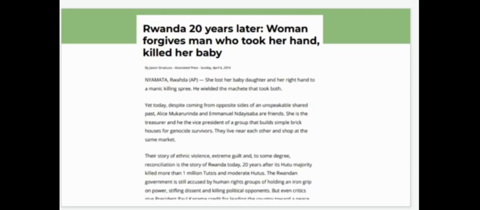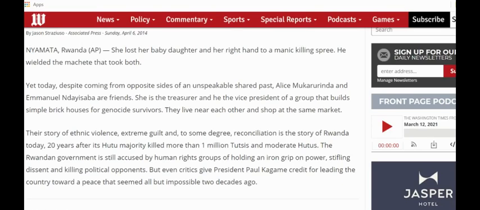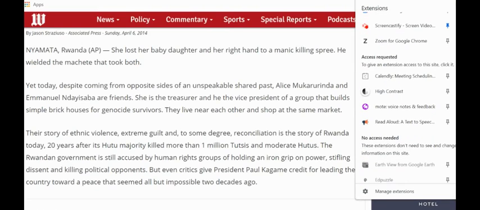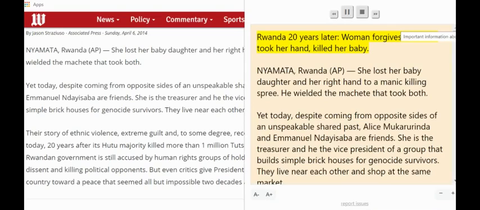Now, again, you can do the same thing we did last time. You can go to the article itself. You can click on the tab and you can get read aloud going if you don't want to read it yourself. Or here's my read aloud. I'm going to set it up for myself.